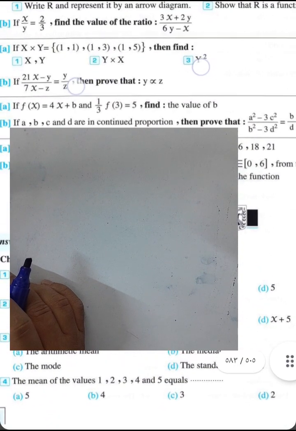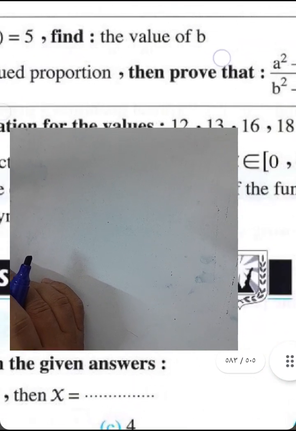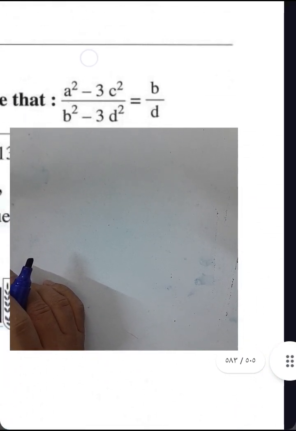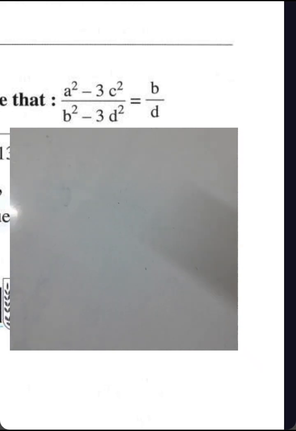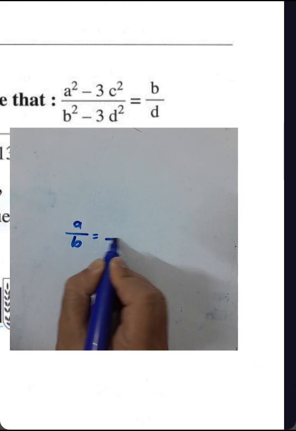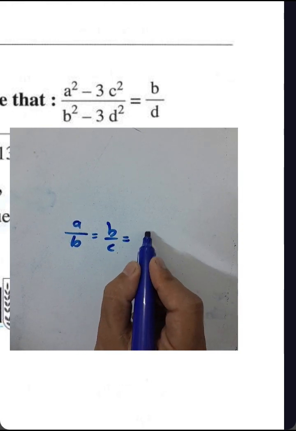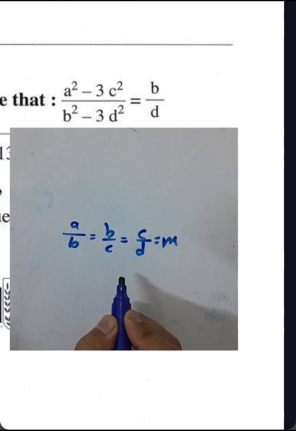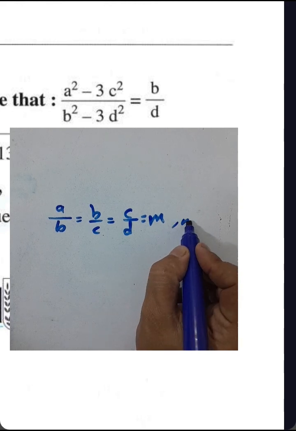If a, b and c are continuous proportional, prove that left hand side equals right hand side here. Okay, we have continuous proportional, meaning a over b equals b over c equals c over d equals constant m, and m is not equal to 0.